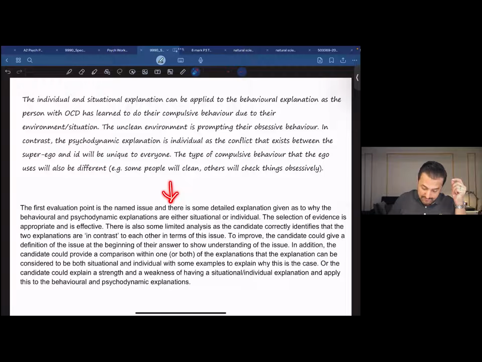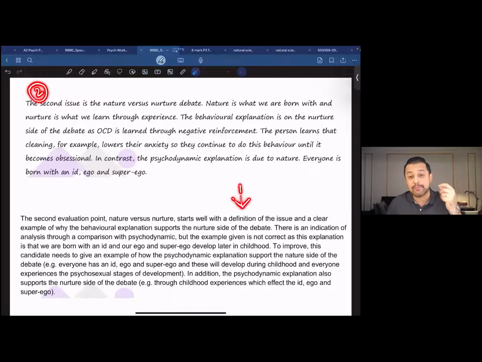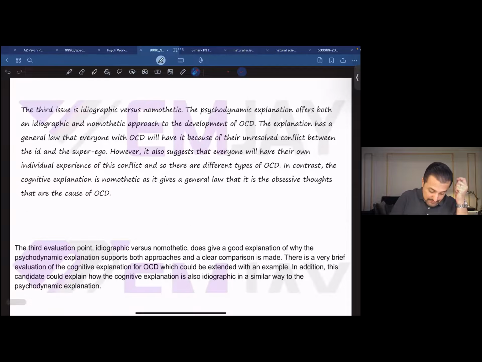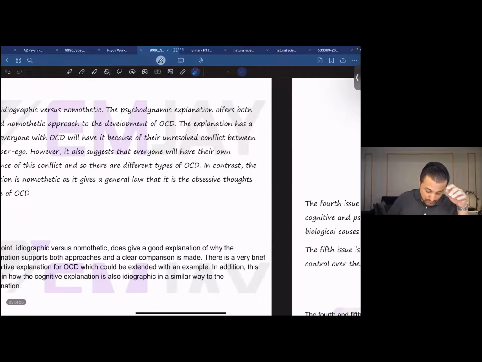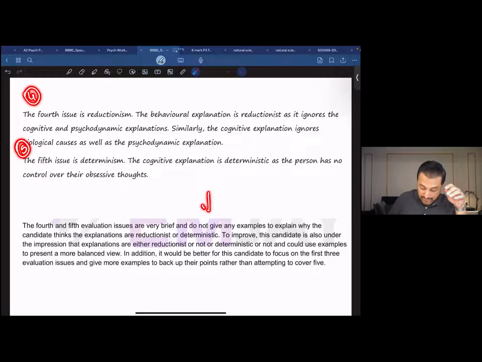This is the second paragraph. This is what the examiner has commented on the second paragraph. You might as well pause this here and read through it. Now, this is the third paragraph, and this is what the examiner has commented on the third paragraph. This is the fourth paragraph and the fifth paragraph, and this is what the examiner has commented on this.